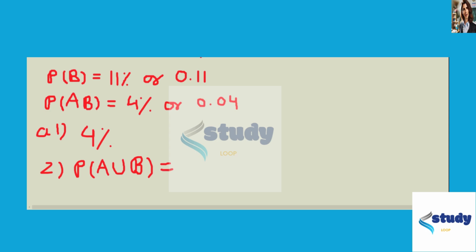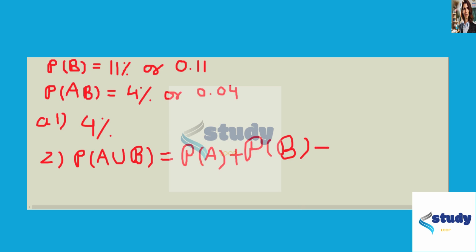Probability that a person has type A blood or type B blood is equal to probability that the person has type A plus the probability that this donor has type B. Probability of A is 40% and that of B is 11%. So probability of A plus probability of B is 40 plus 11, that is 51%.